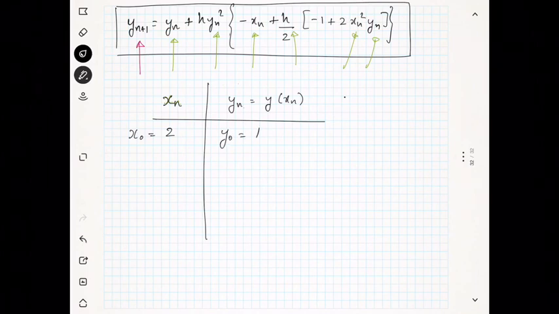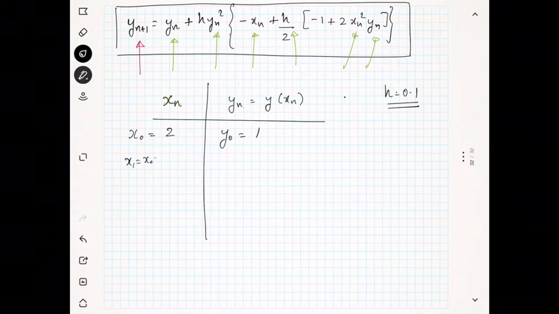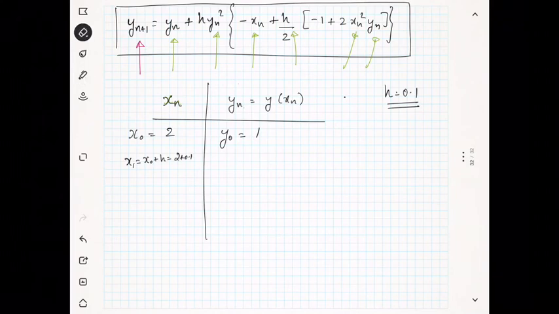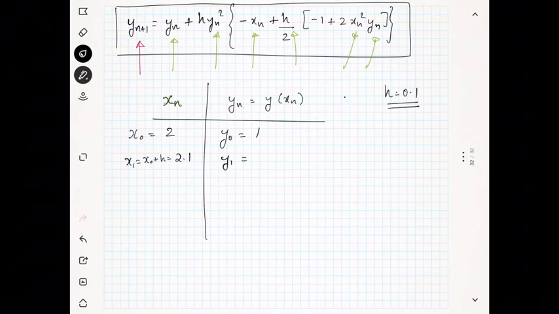Now by using h, we have h equal to 0.1. So we will calculate x_1. x_1 is equal to x_0 plus h. It is nothing but 2 plus 0.1, which is 2.1, right?